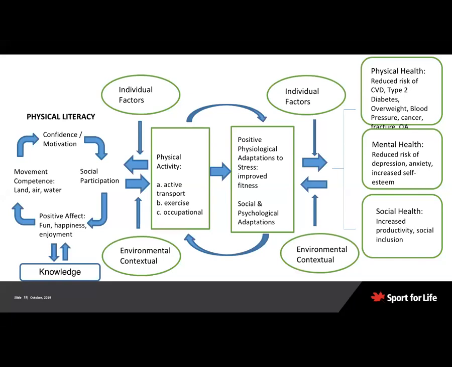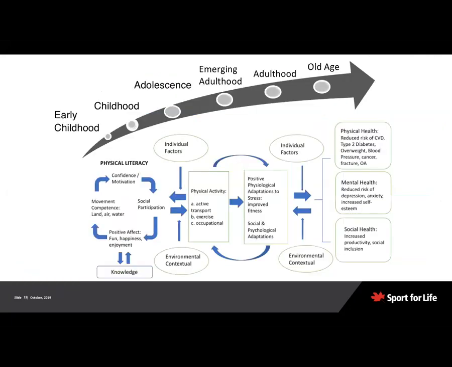And we know in the literature, very clearly stated literature, around the positive health effects of moving on a regular basis. And they're all depicted here. So this is the new model from early childhood to old age that is now being proposed through the literature. It's in its early days, but it's starting to trend around how we approach physical activity moving forward.